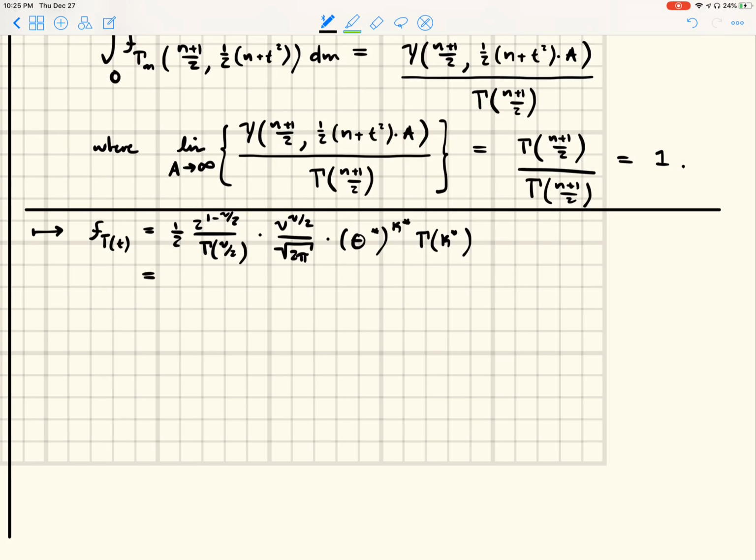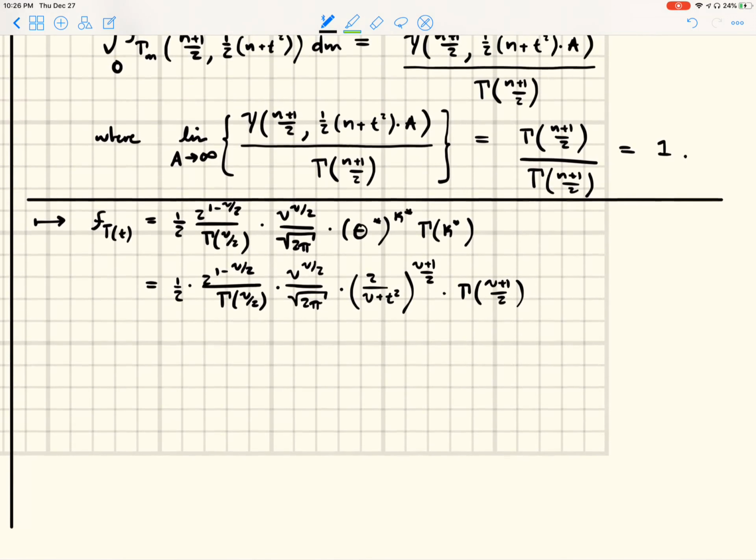Simplifying, we get that this is merely 1/2 times 2 1b squared over 2 times, and we recall that that normalizing constant had this form, and that we can simplify this further.